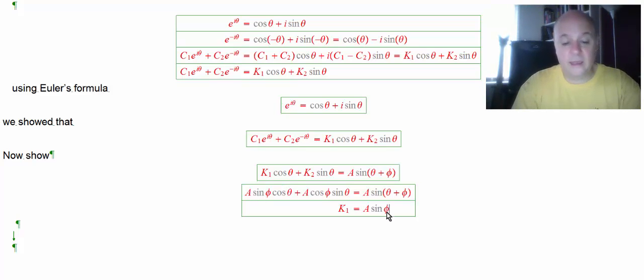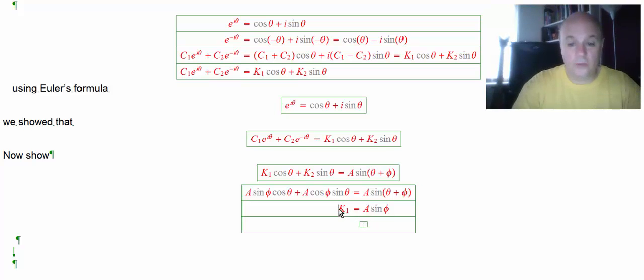Now we said that the K's and the A's and the phi's are all constants. So in all three cases, we've got two constants: K1, K2, and A and phi.